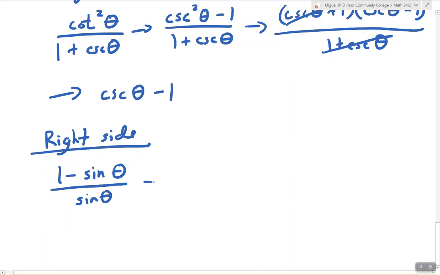Okay. So if you notice, if I'm trying now to get here instead, make it look like this, right? That's 2 terms, the difference of 2 terms. I do have a difference here, but I only have 1 term. So let me break this up into this fraction and this fraction. So that would be 1 over sine minus sine over sine.